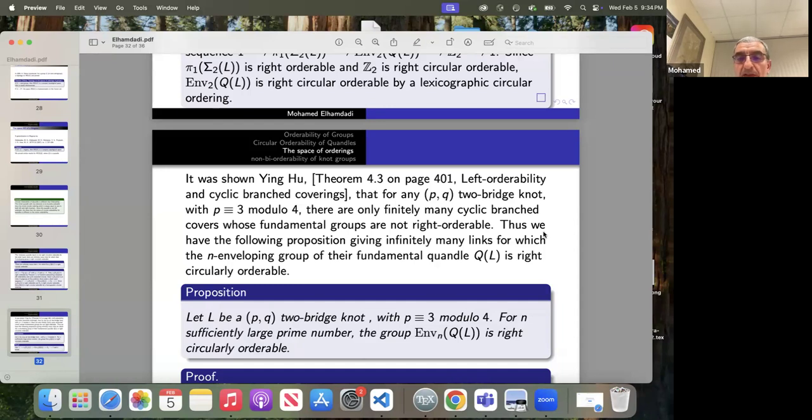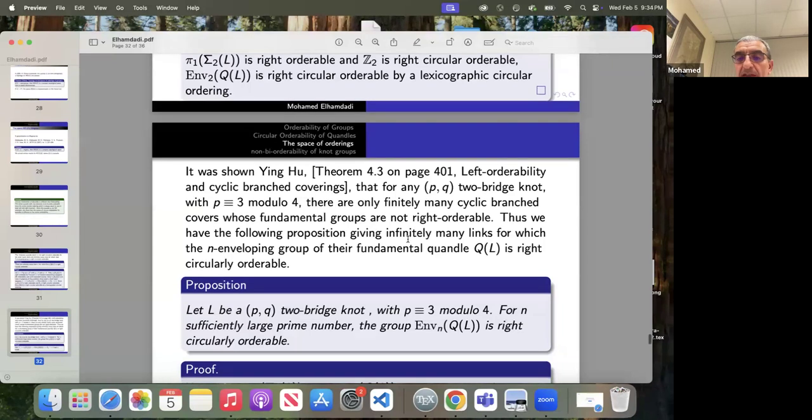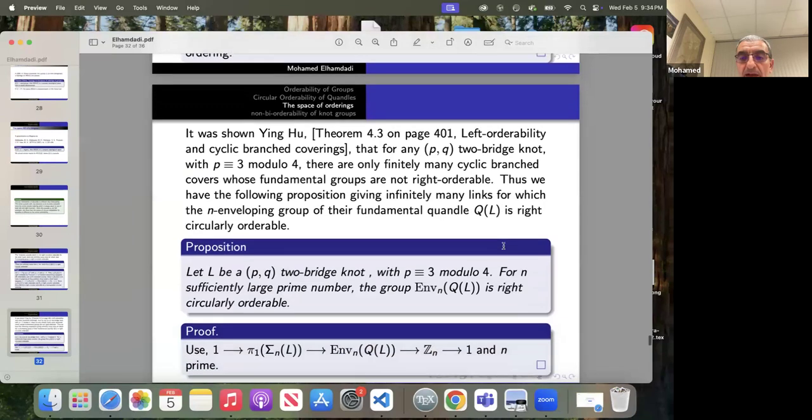I think this paper is published in the journal Algebraic and Geometric Topology. Thus, we have the following proposition giving infinitely many links for which the n-enveloping group of their fundamental quandle is right circularly orderable.